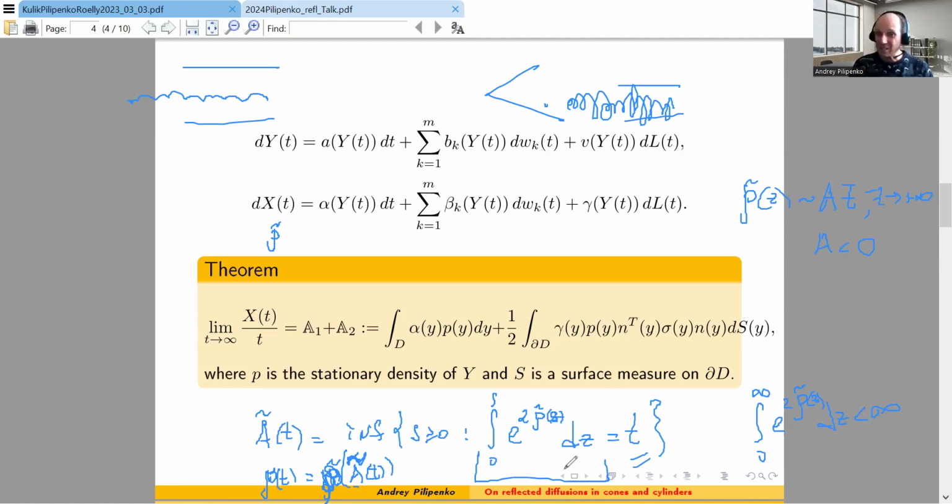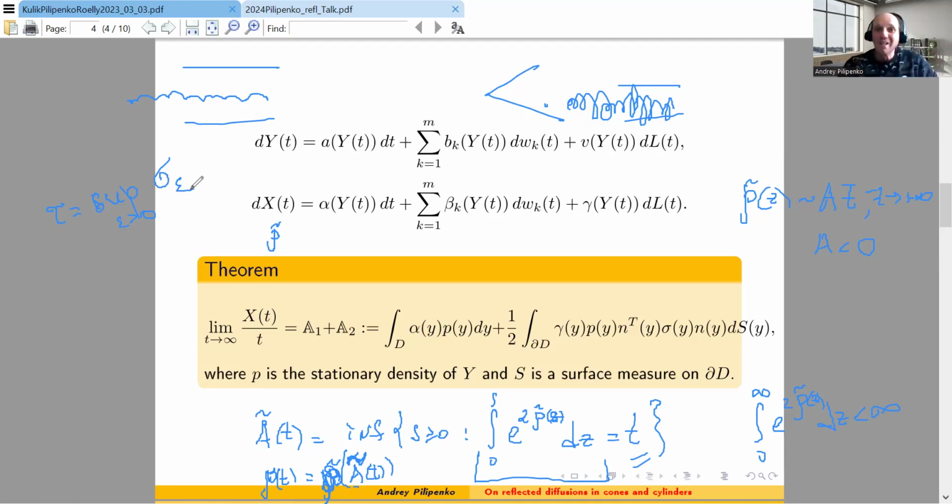And what is the hitting time for the process in real time? It is the supremum over epsilon of sigma epsilon, where sigma epsilon is the time when you hit epsilon, and then you send epsilon to zero.